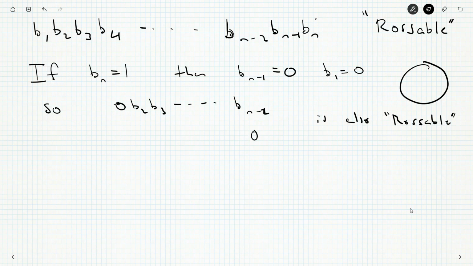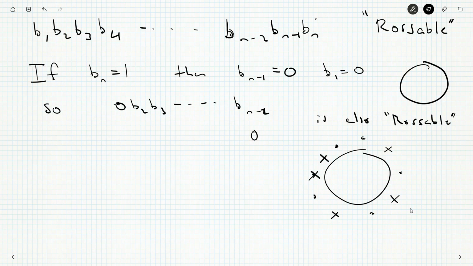Like, the problem is when I have gifts, and I remove some of them, there's always the risk that everything in the middle is still fine, but when I join up the two ends, they might be gifts. But I know this one isn't a gift. So I can actually remove the last two, and it's still Rossable.